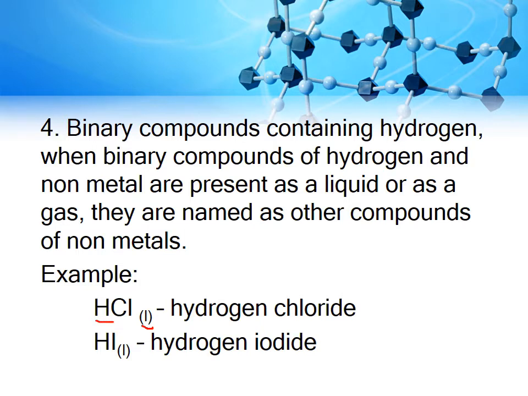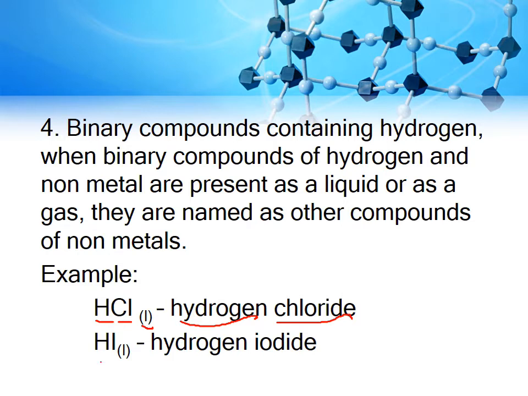So we will give the name of the first element H as hydrogen, followed by the name of the second element, which is Cl, that ends in IDE, and in this case is chloride. Thus, the name of this compound is hydrogen chloride.